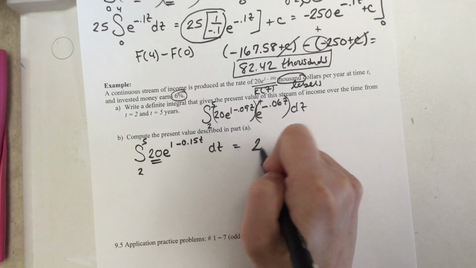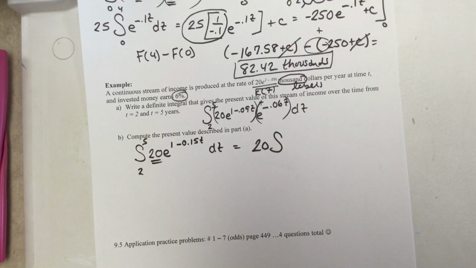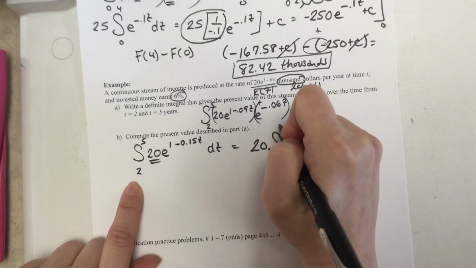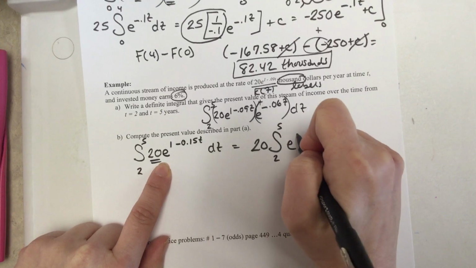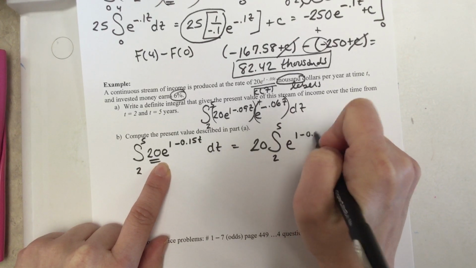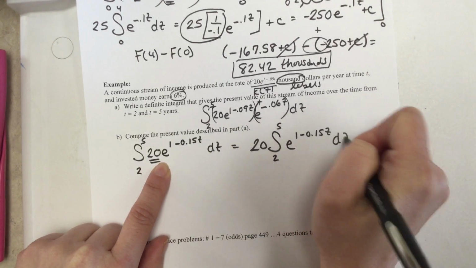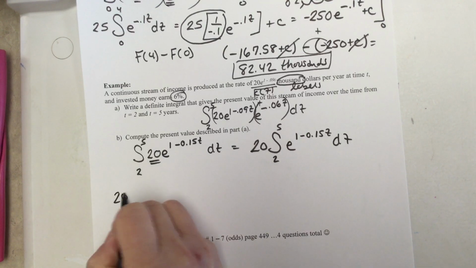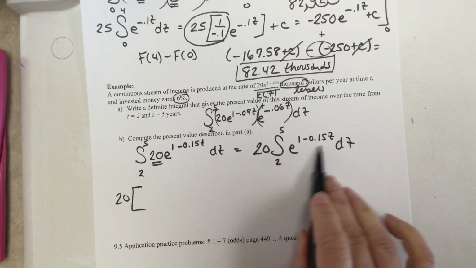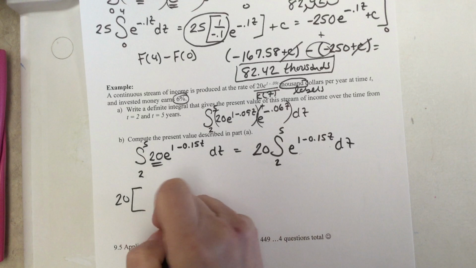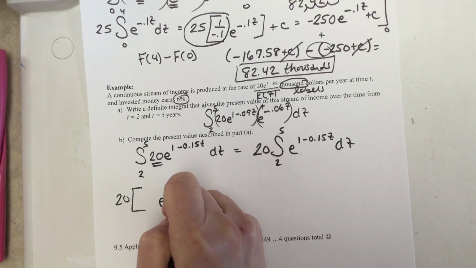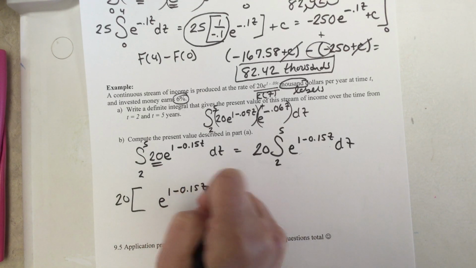20 is a constant, so I can use the constant multiple rule and bring that 20 out front. I'm going 2 to 5, e^(1 - 0.15t) dt, with 20 out front. Find the antiderivative. This is an e term, so you keep e the same: e^(1 - 0.15t).